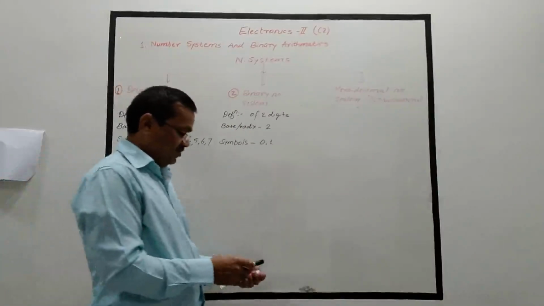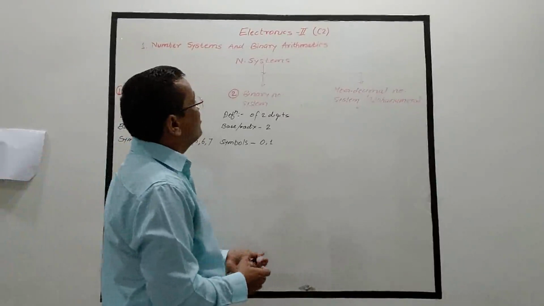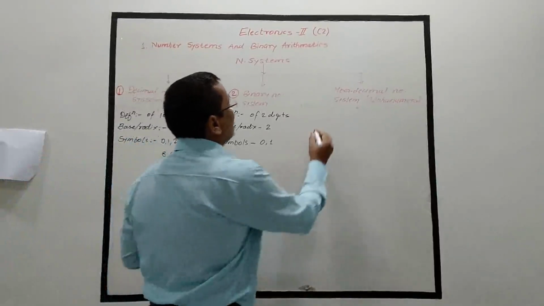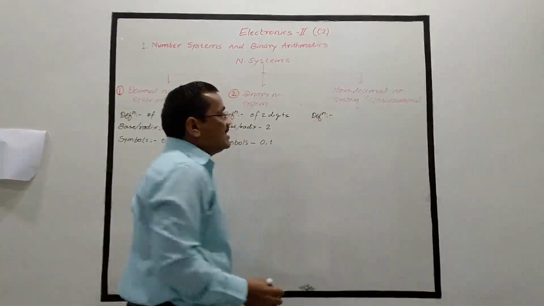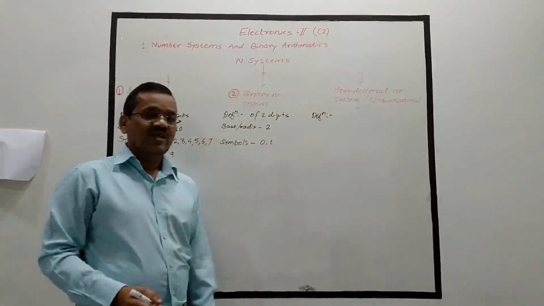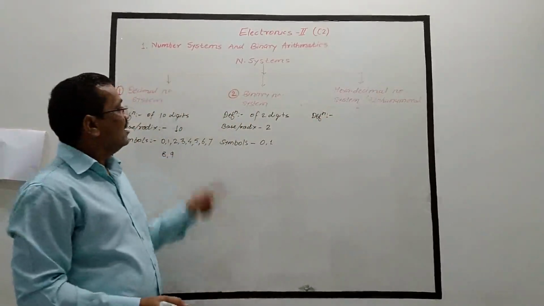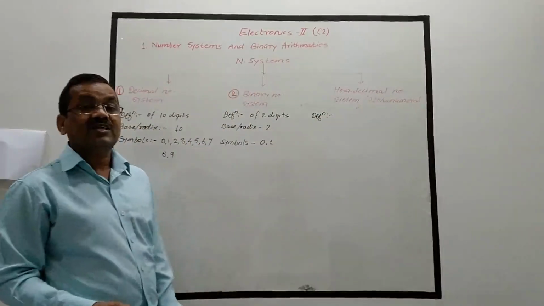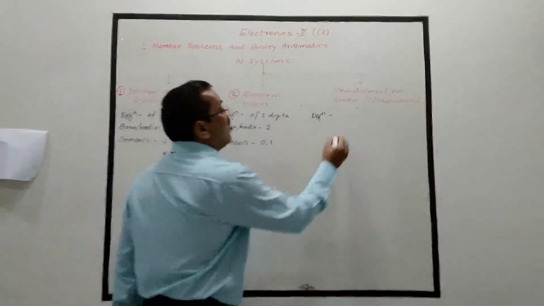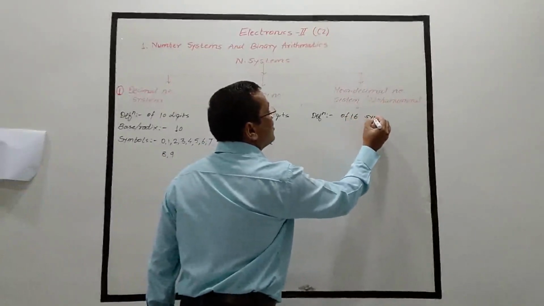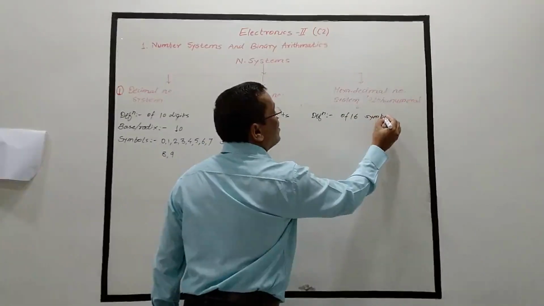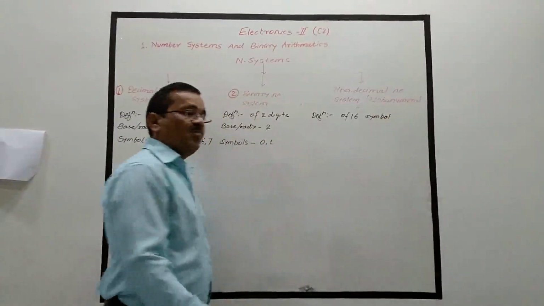The third number system is hexadecimal. In a hexadecimal number system there are 16 basic symbols, or digits or bits.